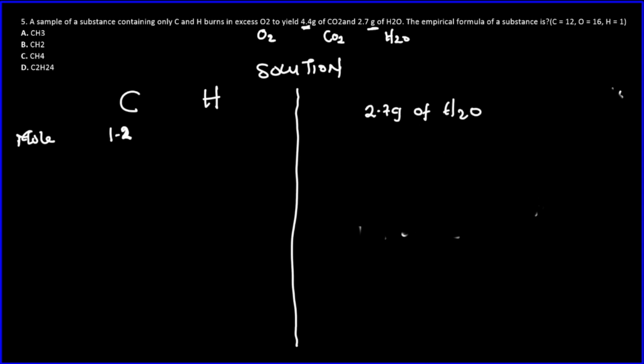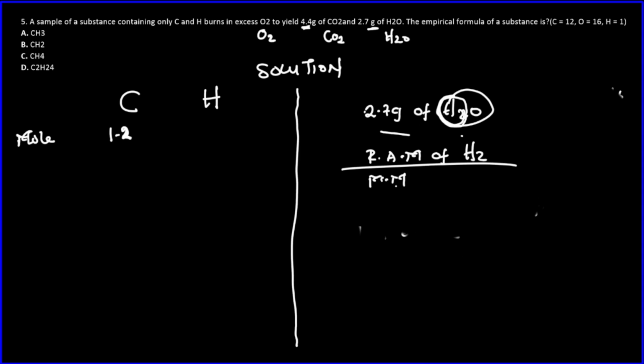To find the amount of H2 in the total grams of water, it's still the same thing: the relative molecular mass of hydrogen gas divided by the relative molecular mass of H2O, times 2.7.